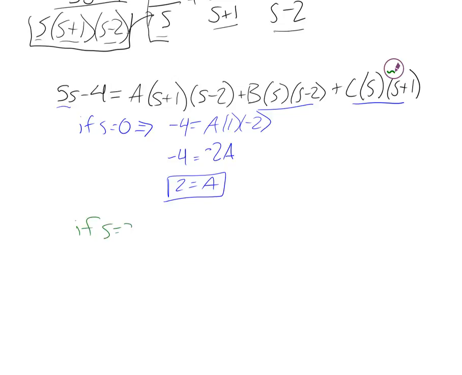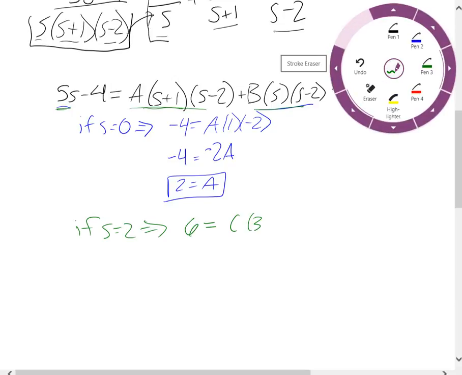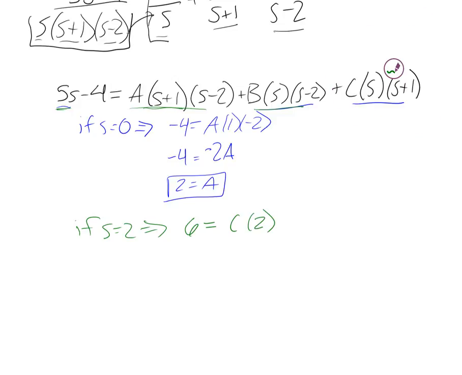If s is equal to 2, then 2 times 5 is 10 minus 4, which is 6, is equal to, since the other terms are 0, C times 2 times (2 plus 1), which is 3. So 6 is equal to 6C, so that's just 1 is equal to C.